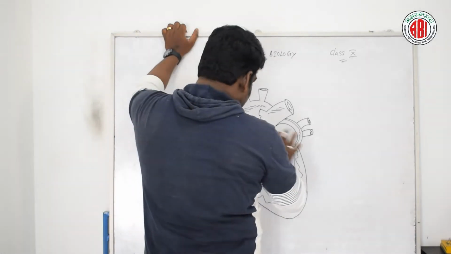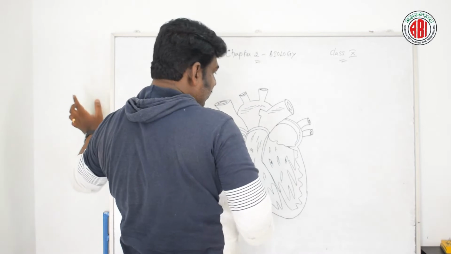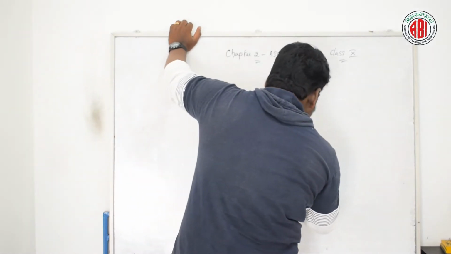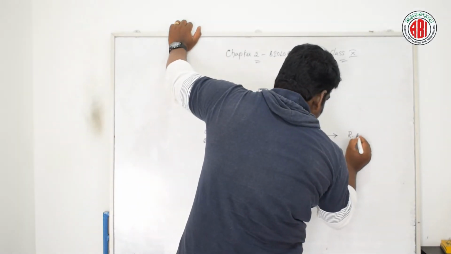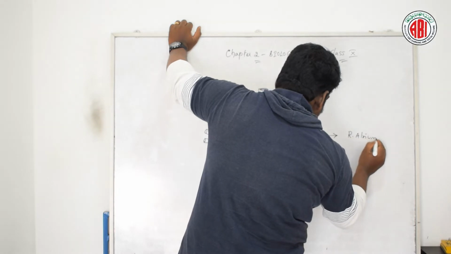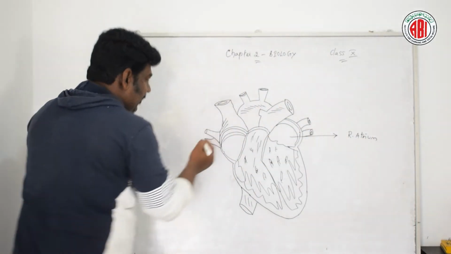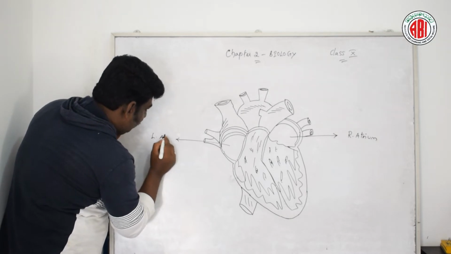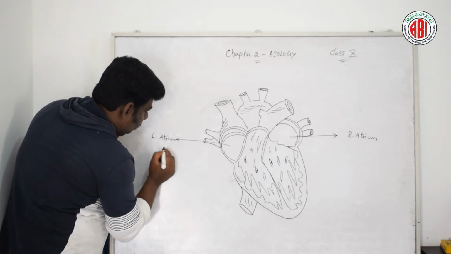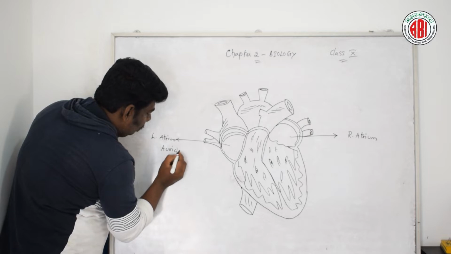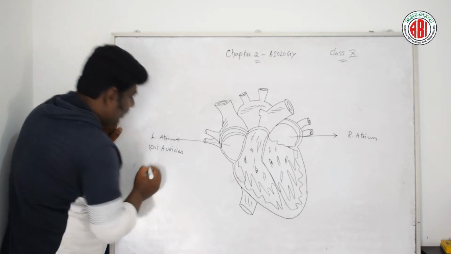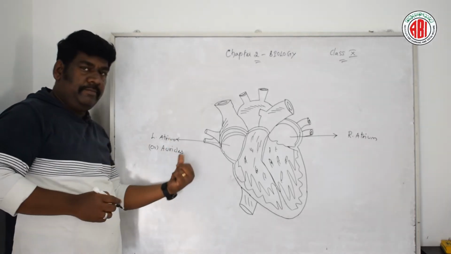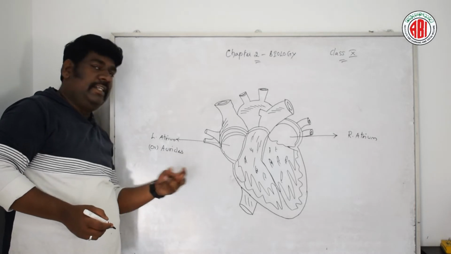So the upper 2 chambers are there, left side and right side. So mention it like right atrium. Similarly, mention here the left atrium. It is also called auricle. Okay, so 2 names are there, so don't get confused. You can say atrium, you can also say auricles.